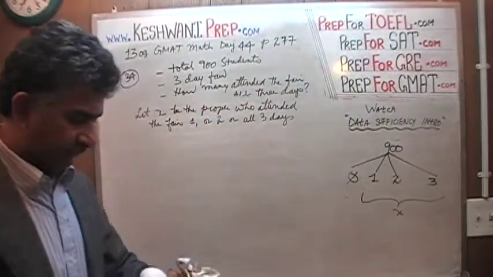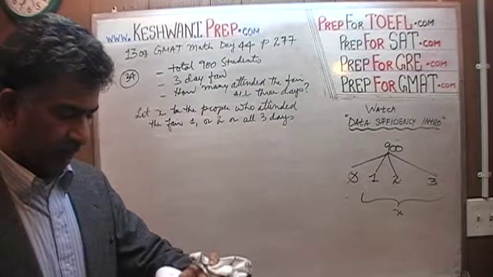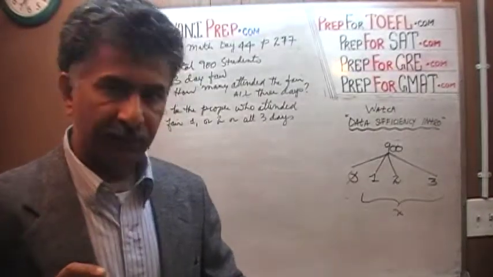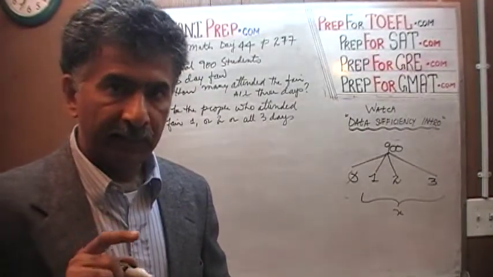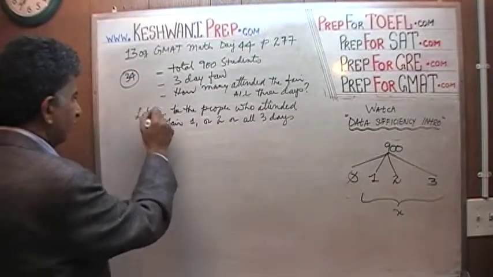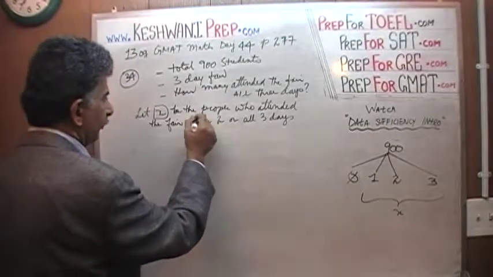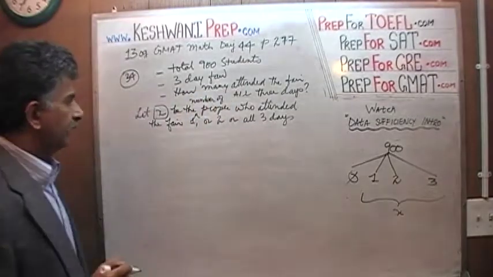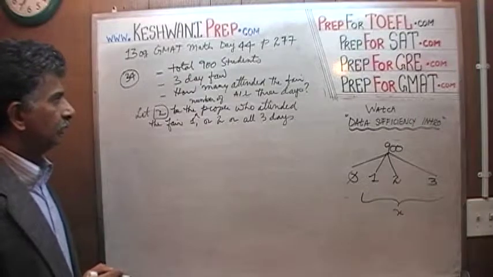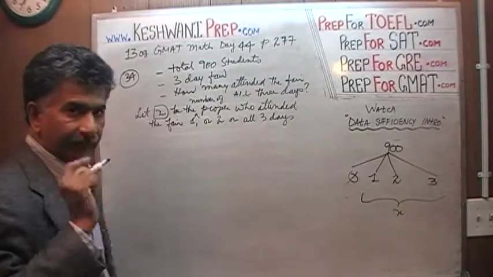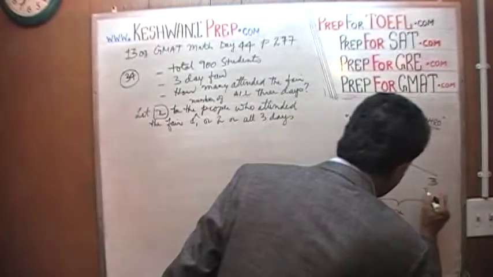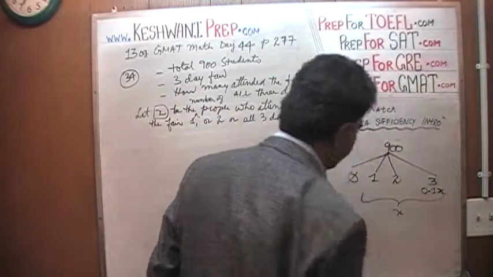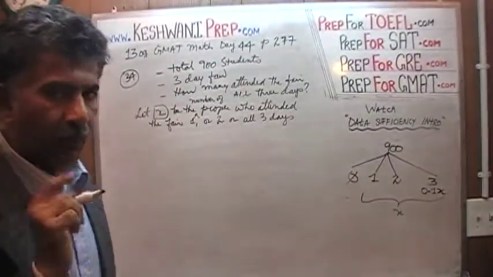In the second step, it says 10% of all of those students who attended the fair at least one day. Those are the people that I'm describing as the people who attended at least one day. Let X be the number of people who attended the fair 1 or 2 or 3 days. If that were the case, then we are told that 10% of them, 0.1x, out of those x, attended all 3 days.